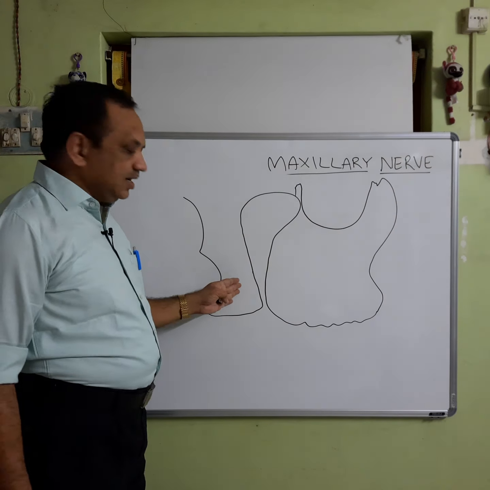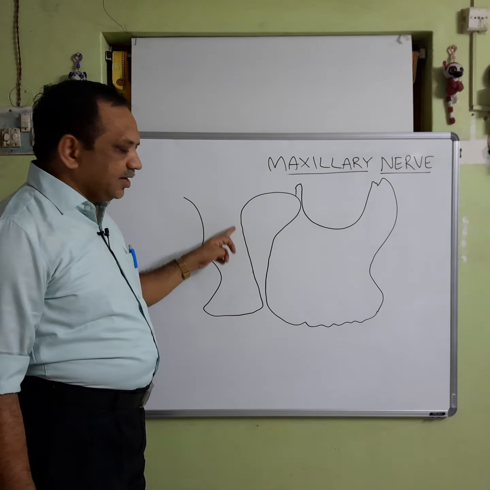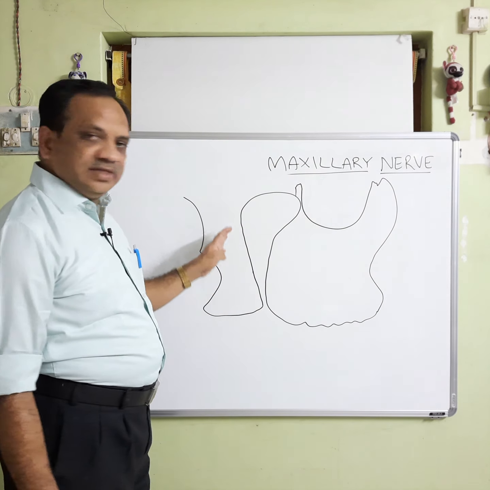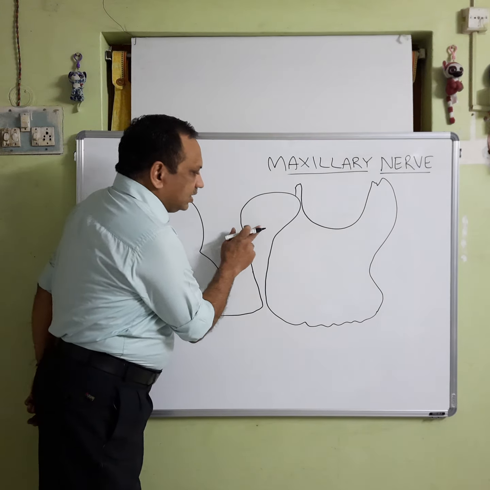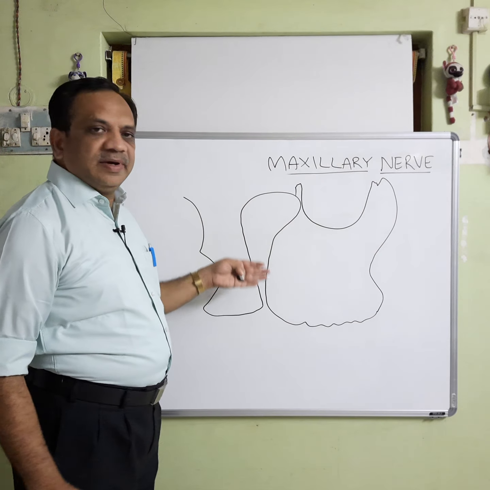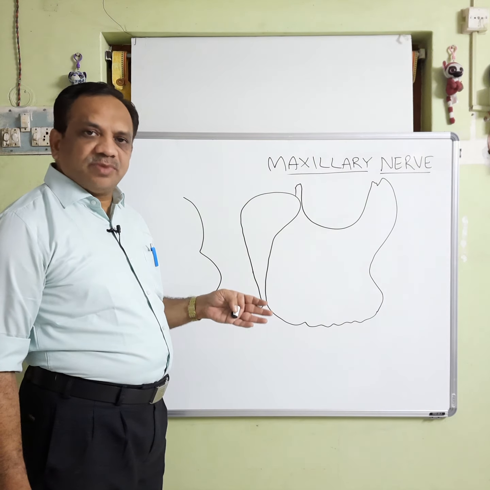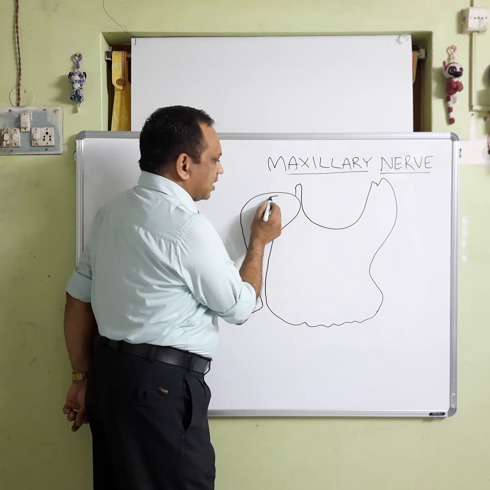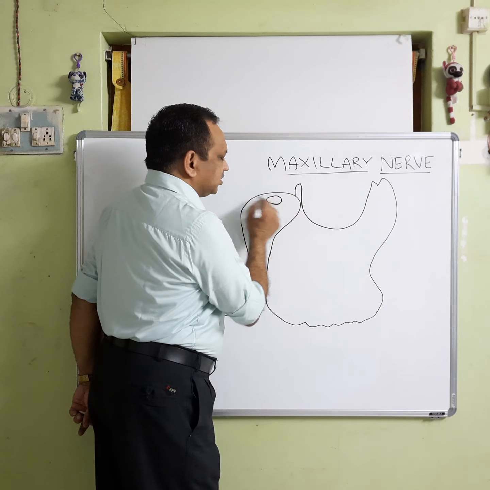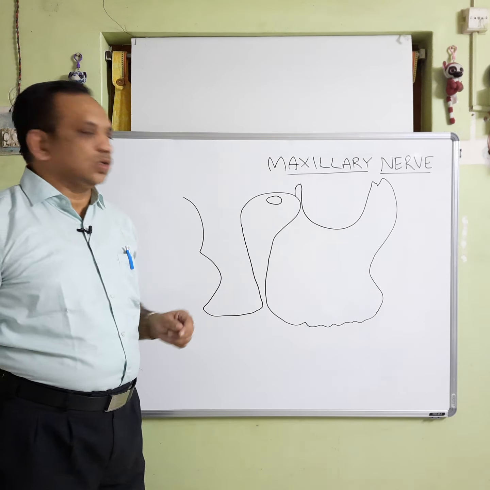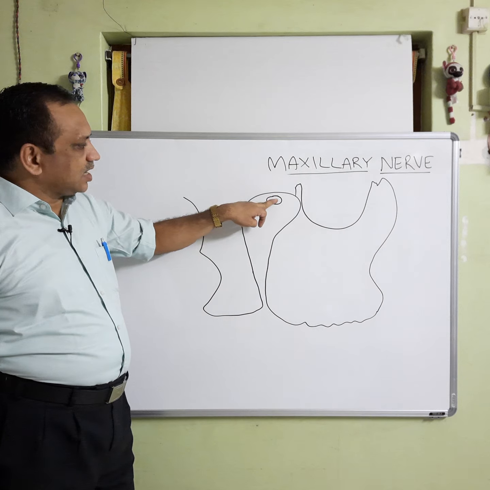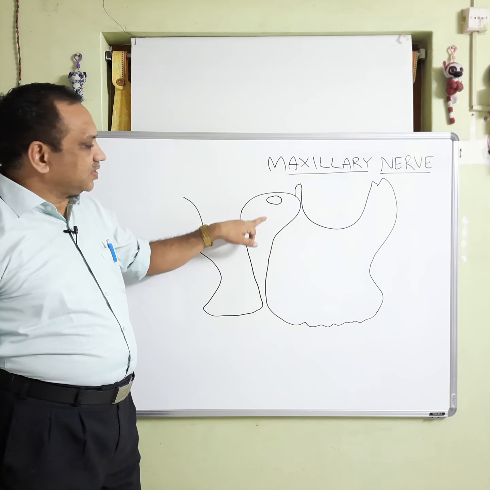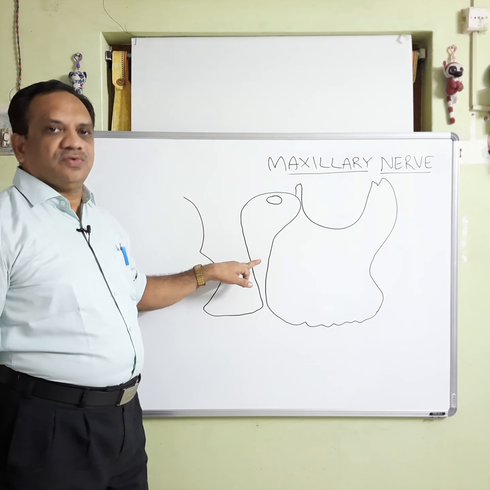On the posterior side, it is the root of the pterygoid process along with a part of the greater wing of the sphenoid, and the medial wall is formed by the perpendicular plate of the palatine bone, and the medial wall has an opening near its upper end which opens into the roof of the nose. So, this is called the spinopalatine foramen. Hence this fossa is called the spinopalatine fossa.